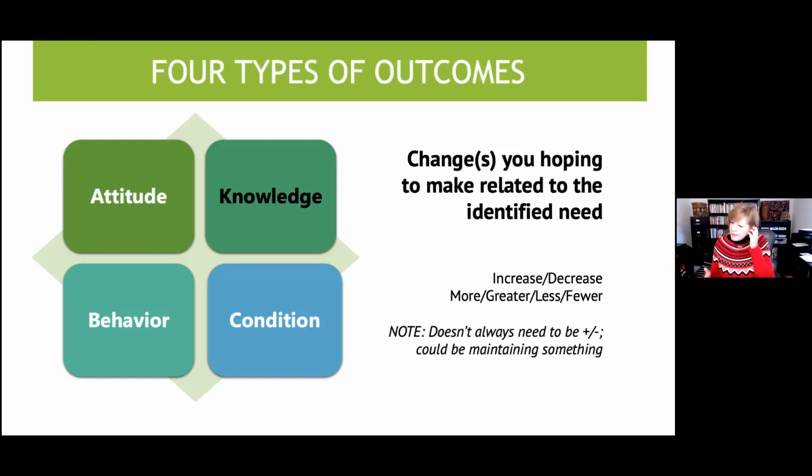I was talking to a program in another state that has an opioid piece of what they do, and they have a financial literacy piece. They do their performance measures on the literacy piece.